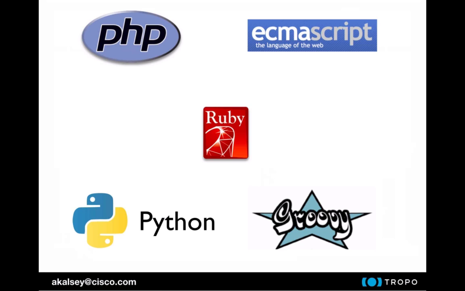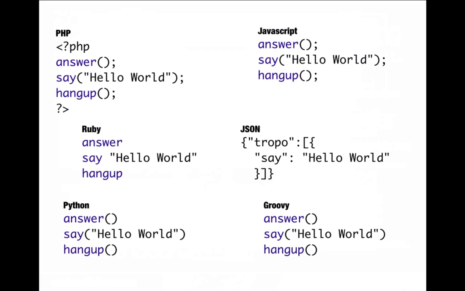Tropo applications are built using a variety of programming languages. We allow you to build in PHP, JavaScript, Ruby, Python, Groovy, or through HTTP over JSON. We can support just about any language you can get a web server to speak.